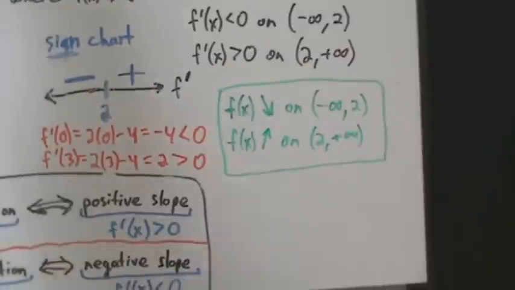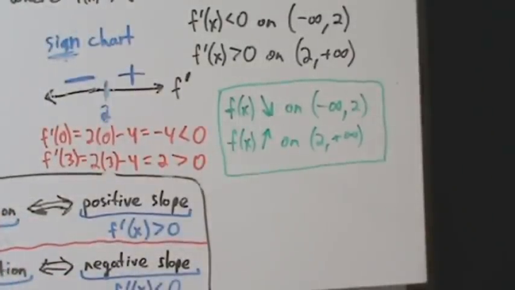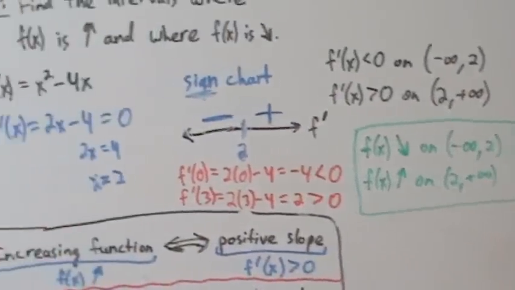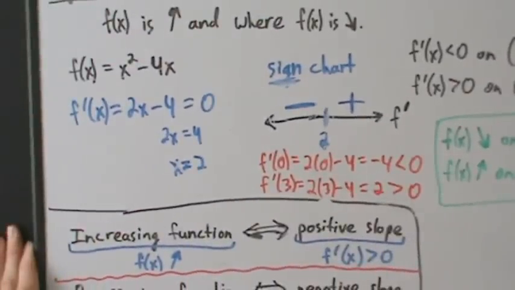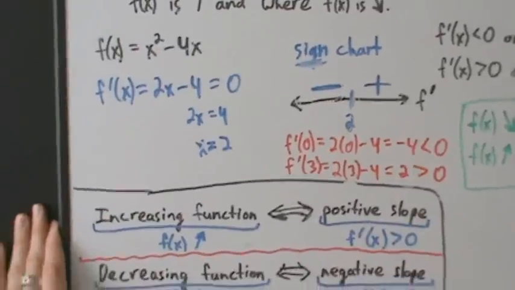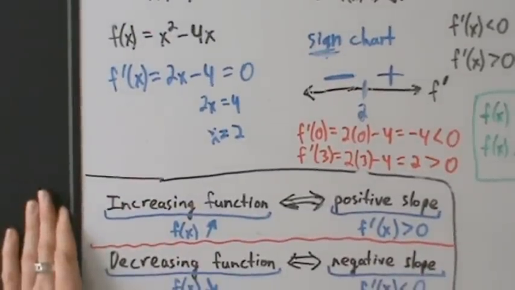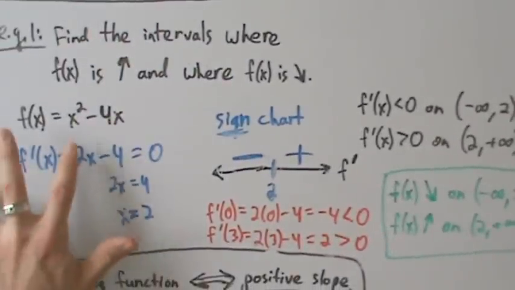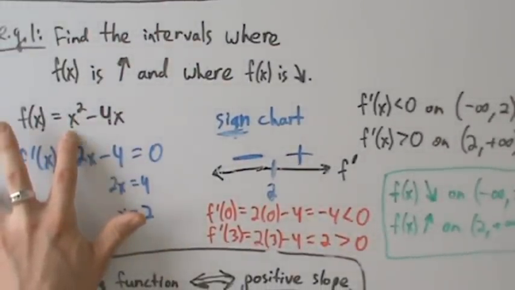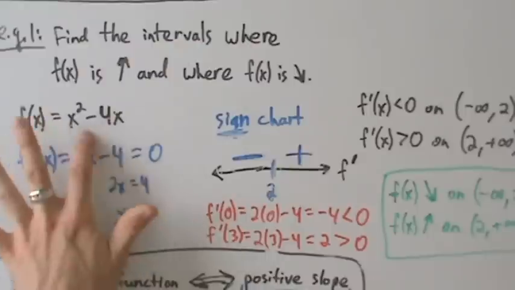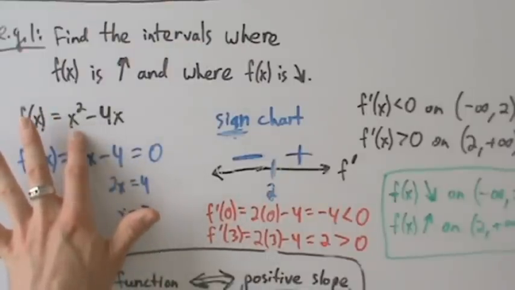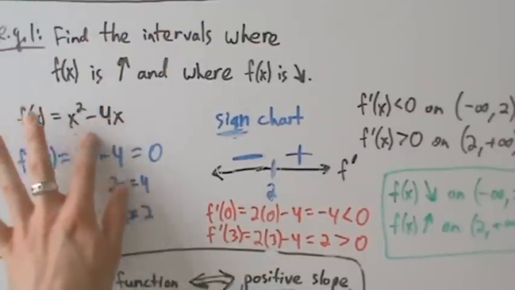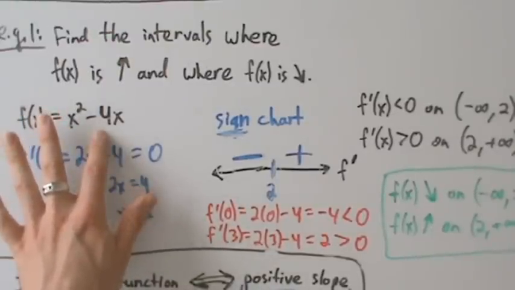Let's just see what happens graphically with this. So x squared minus 4x, if we want to graph that, what's that going to look like? Well, that's just a parabola that opens upwards, and where are the x-intercepts? When x is 0, this is 0, and also when x is 4, this is also 0.